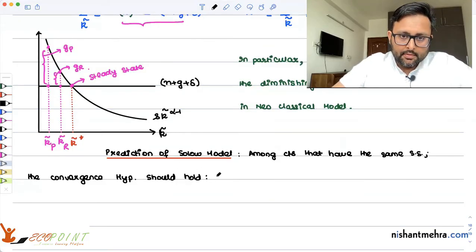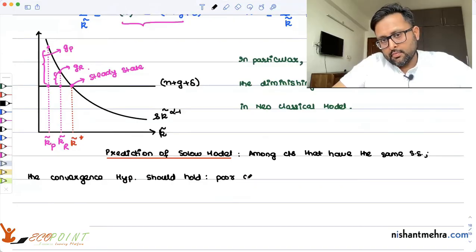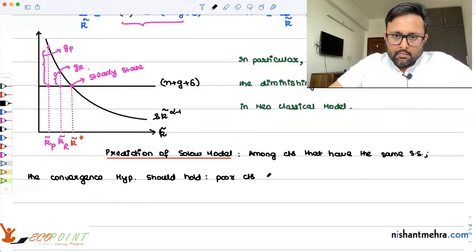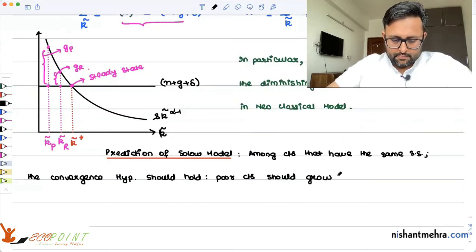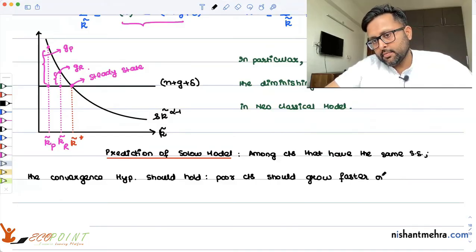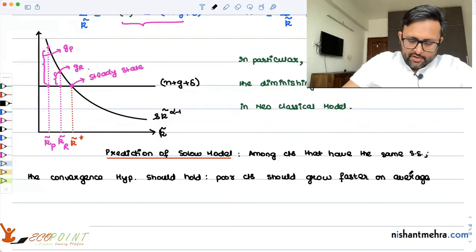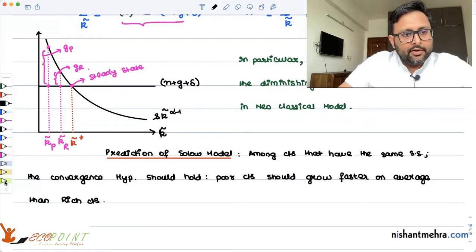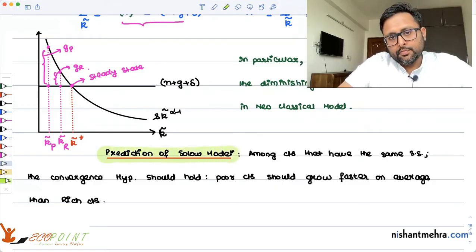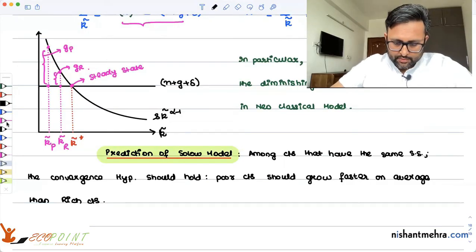That is, poor countries should grow faster on average than rich countries.